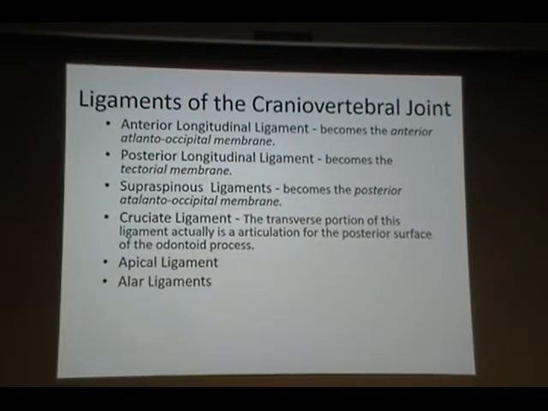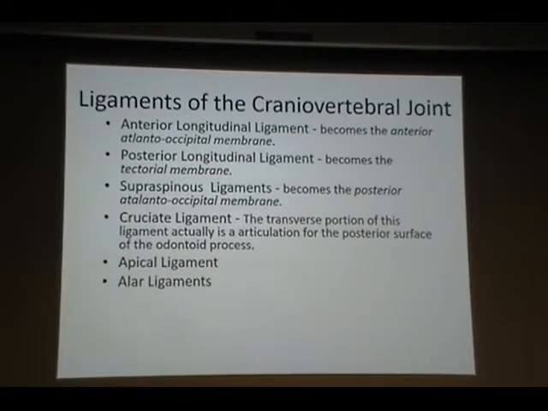We're gonna be looking at a lot of sagittal heads soon, sagittally split heads down the middle, and we will see this crossing over behind the odontoid process in those heads. Okay. So this is the cruciate ligament, or the transverse portion more specifically.